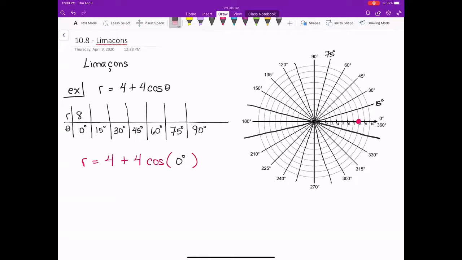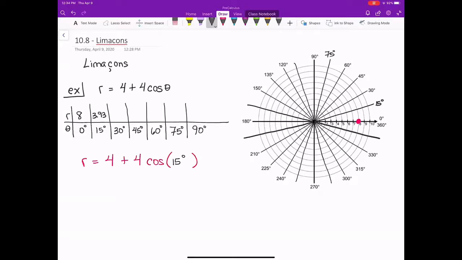Then I'm going to go to 15 degrees next. But I don't know what that one is without a calculator. So cosine of 15 times 4 plus 4, that comes out to be about 3.93. Just make sure I did that right. I am in degree mode. I multiplied by, oh, wait a minute. You know what? It's not right.